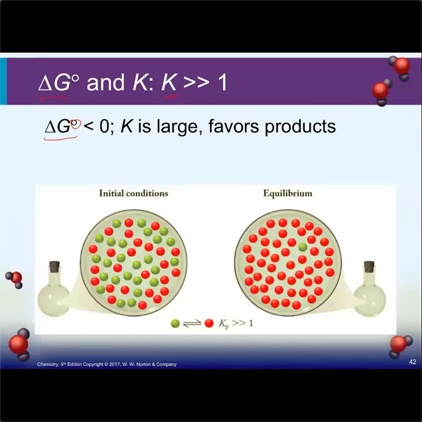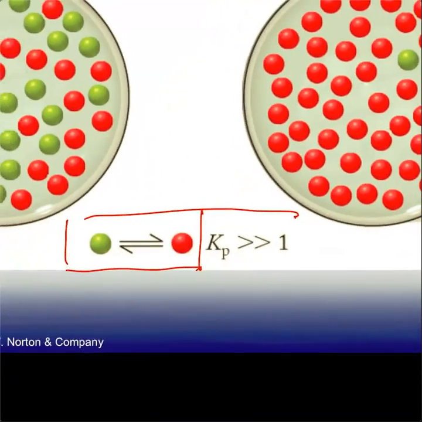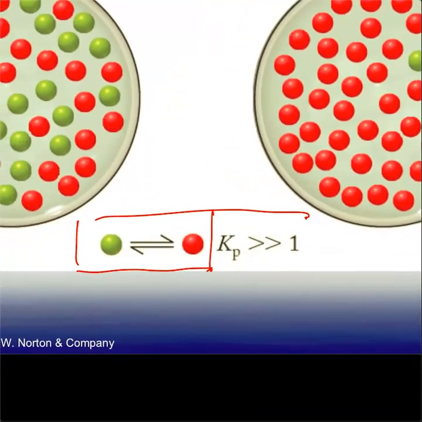So in here we have a value of K that is much larger than 1, and that means that the equilibrium is going to lie here. So the equilibrium here, if Kp is much larger than 1, means that this reaction is favored.